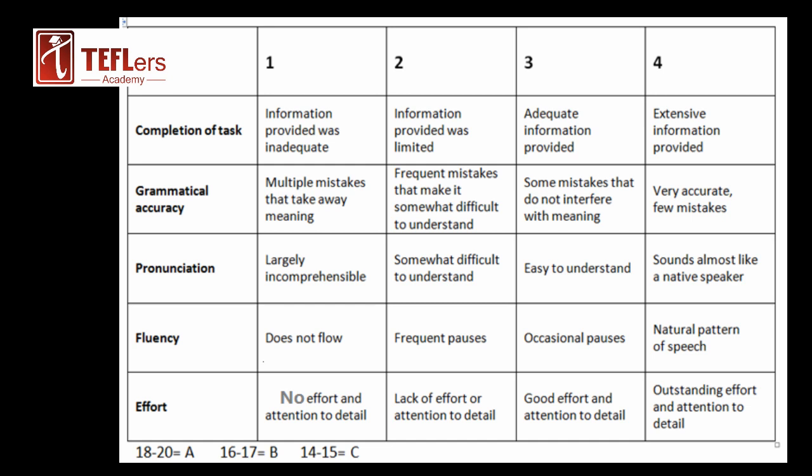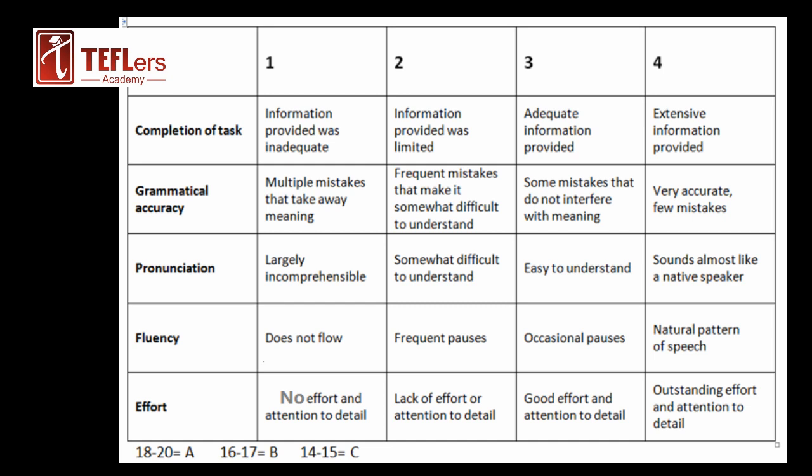The third one, adequate information was provided. Here, let's say it's good, but it's not great. And the last one is extensive information provided, which means the student provided excellent information, even more than needed. So here, this is the best performance. As you can see, we went from worst to best.